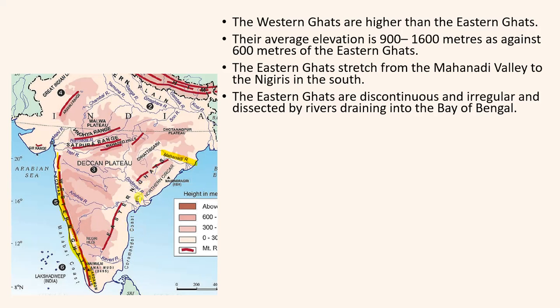That shows that the Eastern Ghats are cut by the river system in a number of places. Here in the map, a lesser number of rivers has been shown for clarity, but a number of rivers are there.